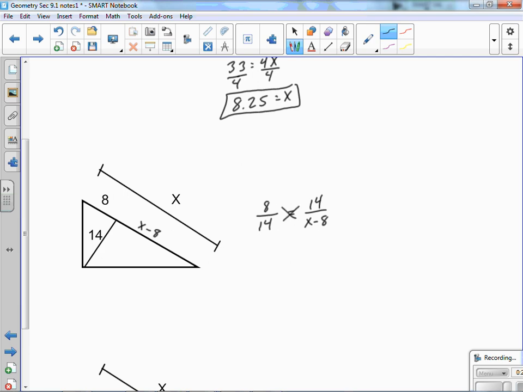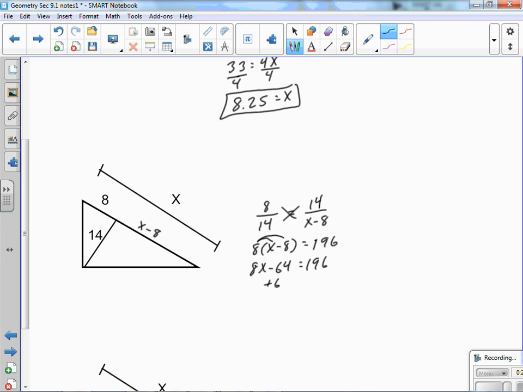Cross multiply to solve it. So we have 8 times x minus 8, and 14 times 14, I believe is 196. Right. We distribute the 8. It'll give us 8x minus 64 equals 196.